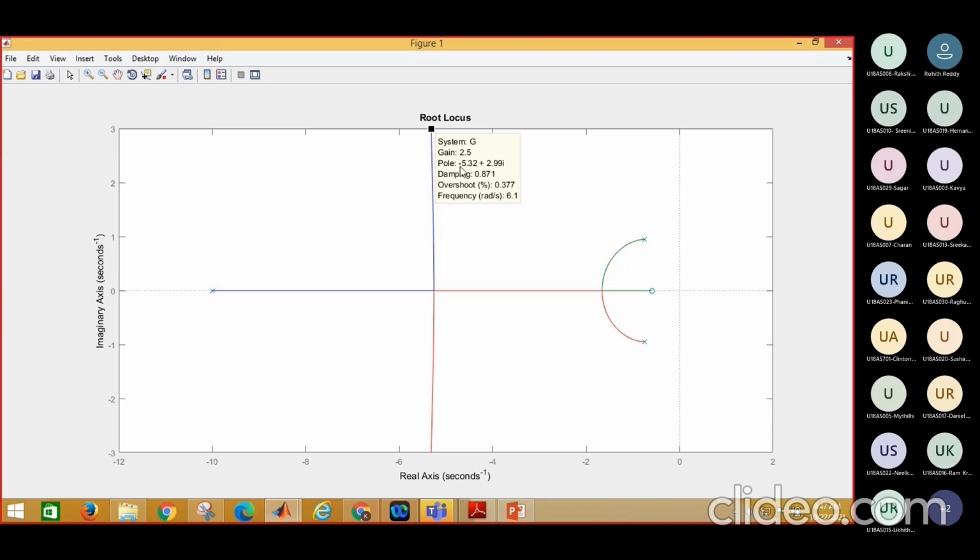In this case we select your rate gyro sensitive value for your complex poles, because this location is your complex pole. The pole is 5.32 plus 2.99 i. My damping is 0.871.